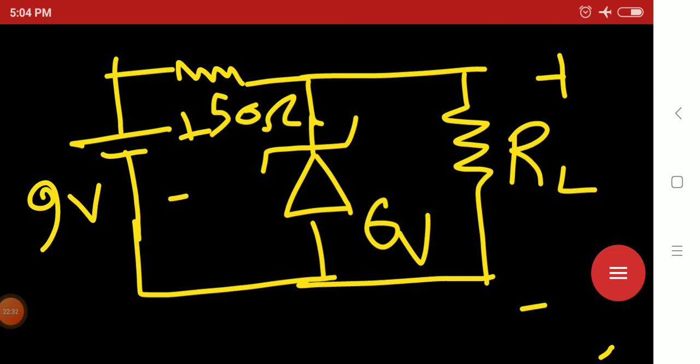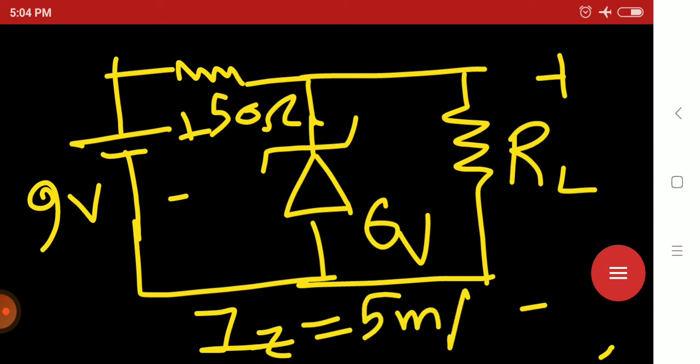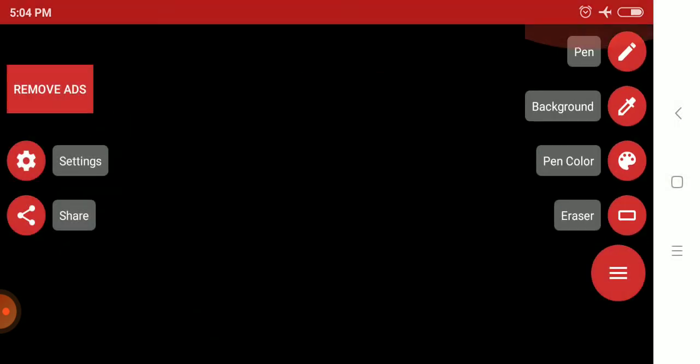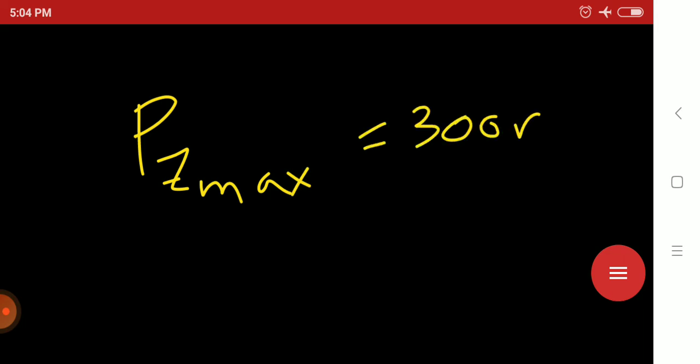In this question it is given that the Zener diode has a knee current or Zener current Iz equals 5 milliampere, and the maximum allowed power dissipation is Pz max equals 300 milliwatt.